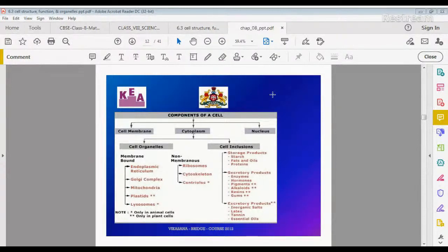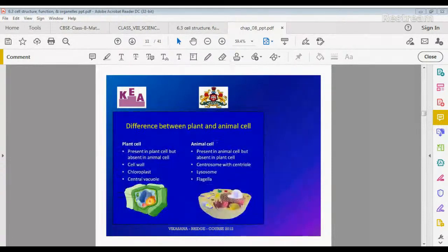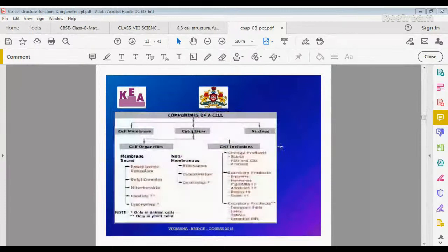Plastids are only applicable for plant cells, not present in animal cells. Lysosomes are present only in animal cells, as I just showed you here.